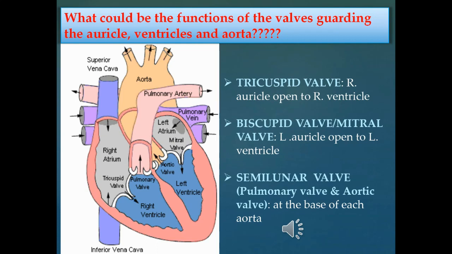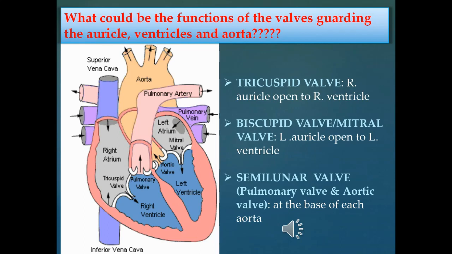The left auricular-ventricular valve consists of 2 flaps and is termed the bicuspid or mitral valve because of its supposed resemblance to the mitre or hats worn by bishops. These valves allow the flow of blood from the auricle to the ventricle only. That is, they allow the flow of blood in only one direction.